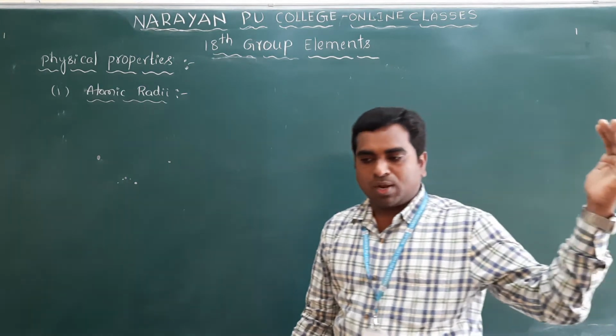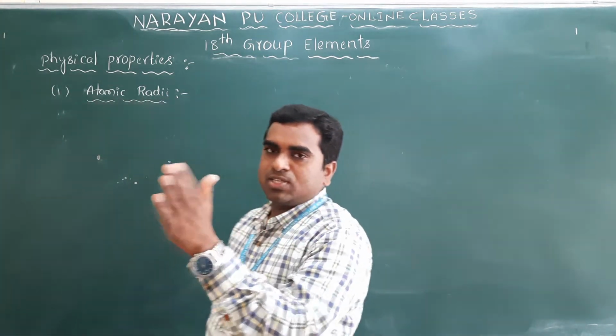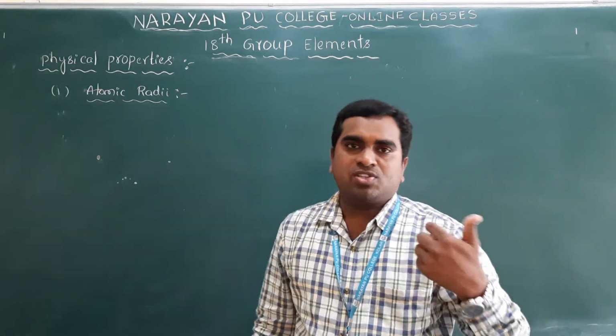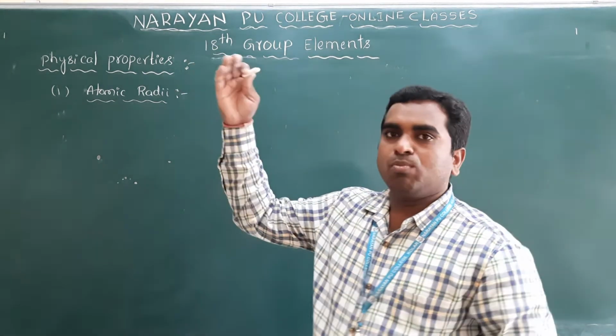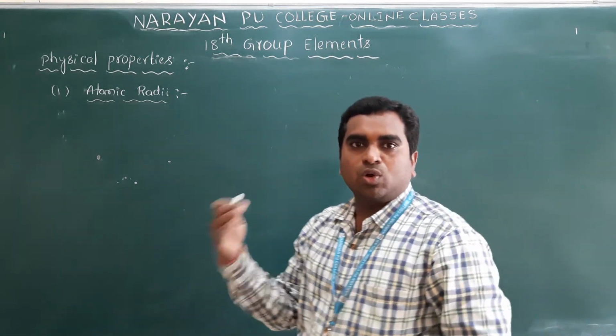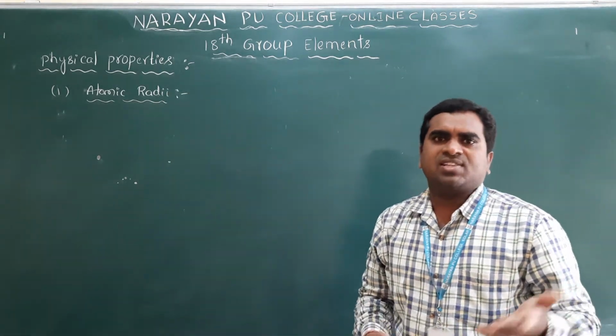Why? Because when we are moving from left to right, what will happen? Atomic size decreases because nuclear charge increases. But as we are moving down the group from helium to radon, automatically atomic size increases because, as you already know, the number of shells increases.